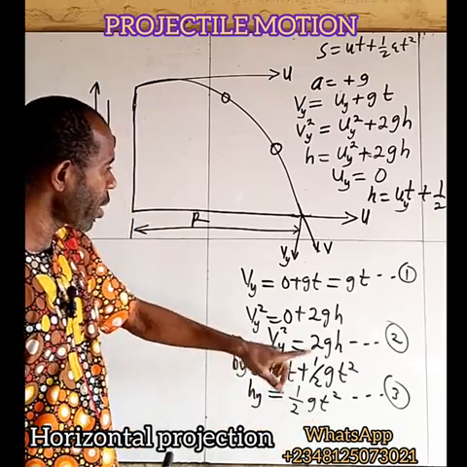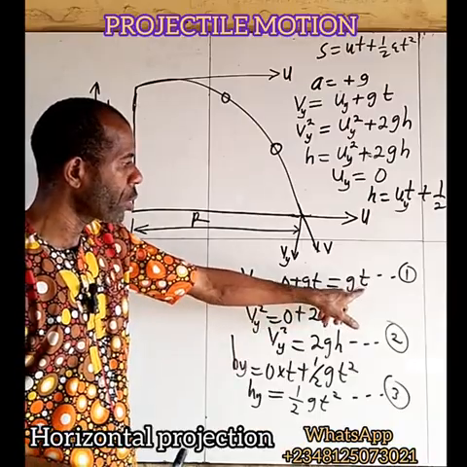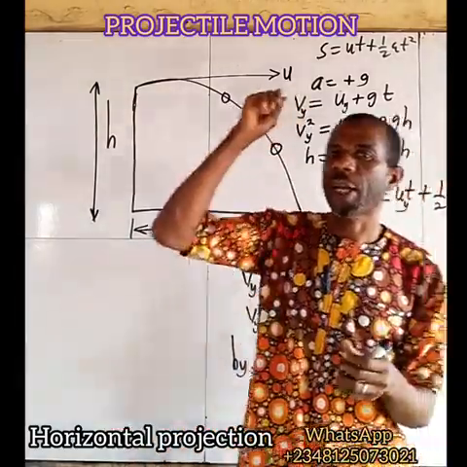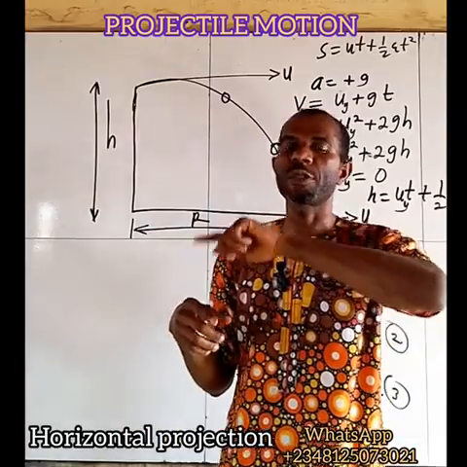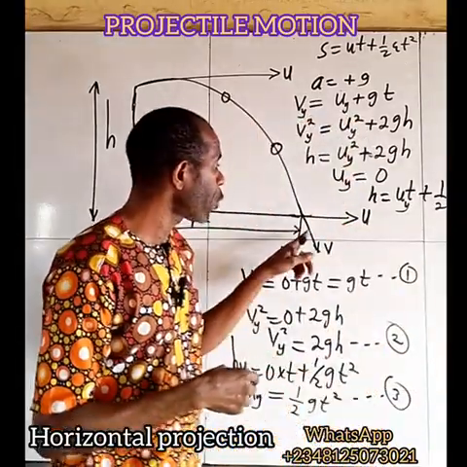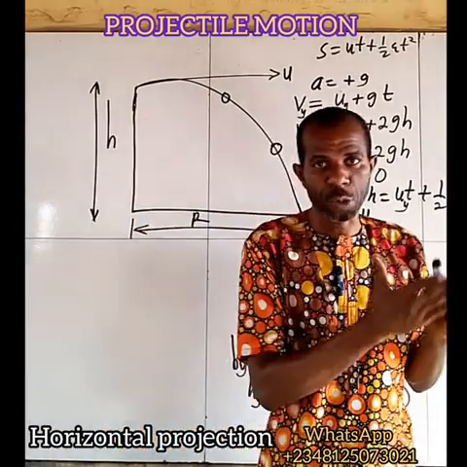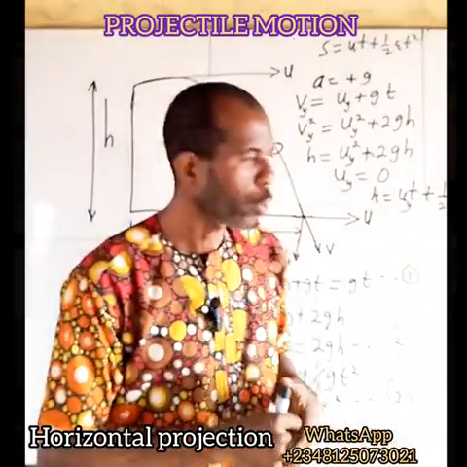From here, if you make t the subject of the formula from equation 3, it becomes the time of flight. Then the t in equation 1 is the time it takes to reach the maximum height, where we have vy equal to gt. So now, at this base, when the body lands, we have just the horizontal velocity, which is ux.